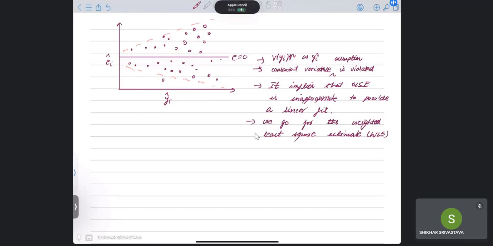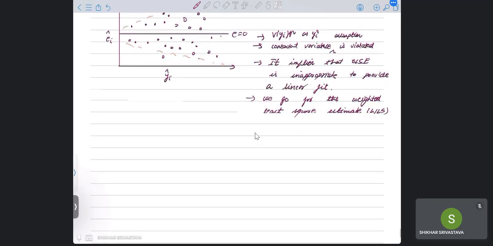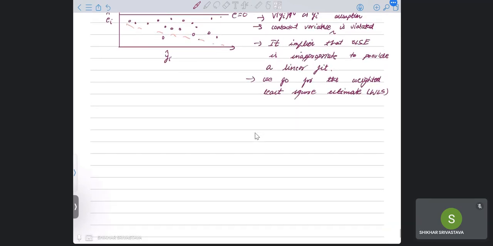Okay, so now we'll go for the weighted least square estimate. For the weighted least square estimate, we have to minimize this function, which has this weight term wi.